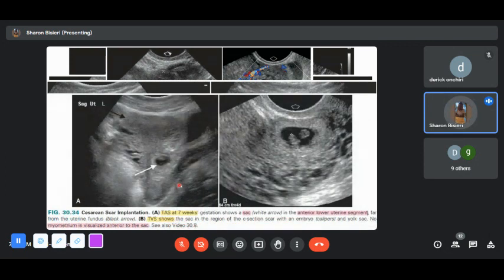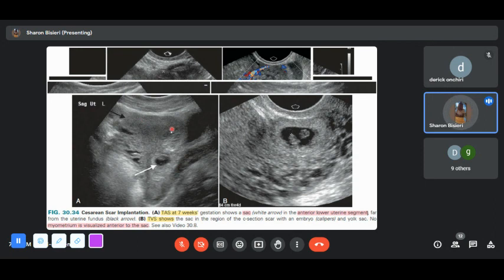Then next, this is a different case. Image A is a transabdominal ultrasound, also showing a sagittal cut through the uterus. The anatomy is a little bit distorted, but you can make out that this is the uterus going all the way inferiorly, then the vaginal canal, and then the urinary bladder.